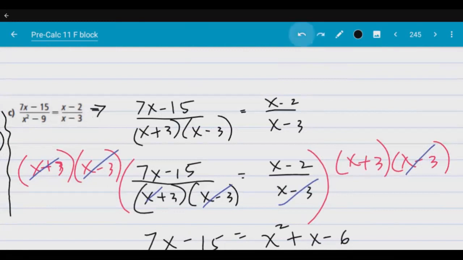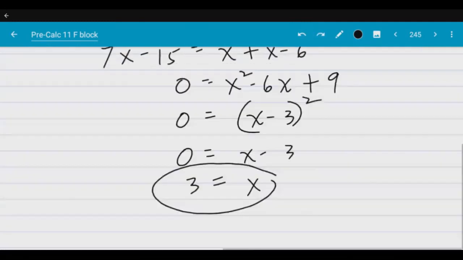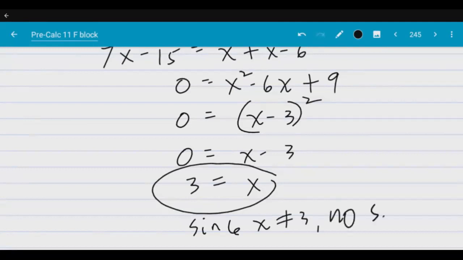So this expression becomes undefined. If this becomes a 3, this expression becomes undefined also. So what does it mean? It has no solution. So it's extraneous, right? Okay. Since x cannot be equal to 3, there is no solution.